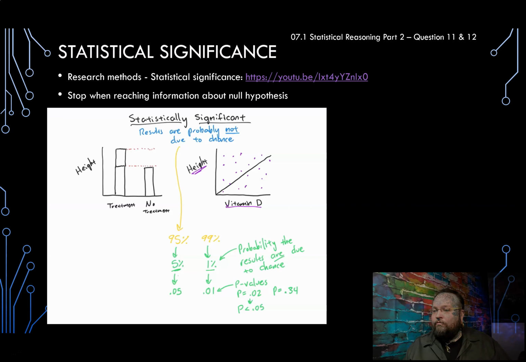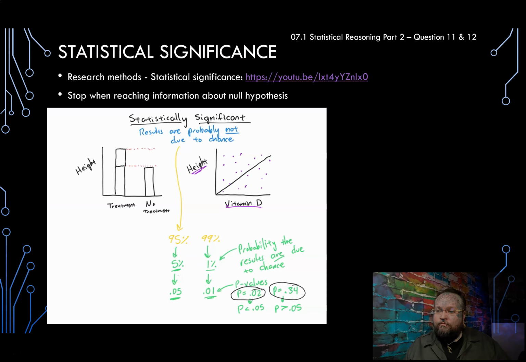What they're saying here is the probability that the results were due to chance is less than 5%. In this case, they would say the probability is greater than 5%. In other words, there's a good chance that those results are due to chance. So this right here would be statistically significant.